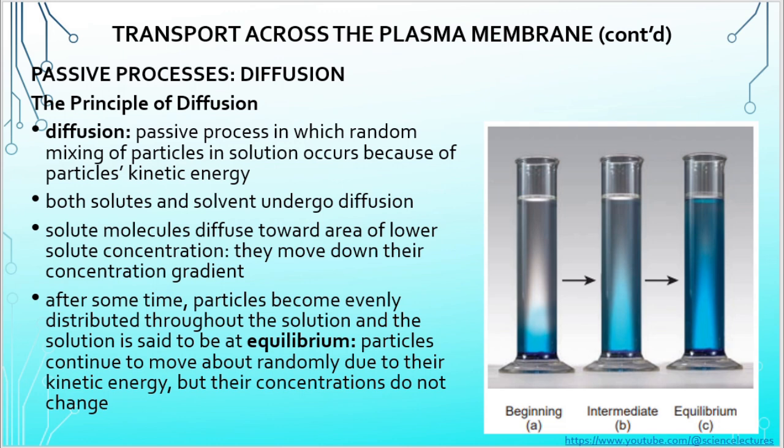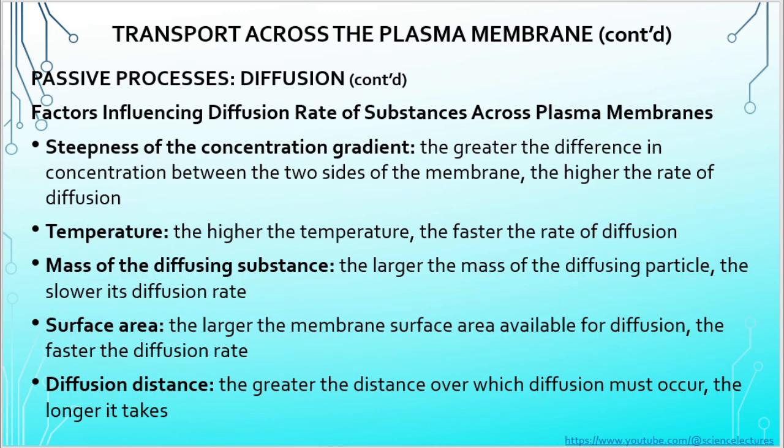However, several factors influence the diffusion rate of substances across membranes. One such factor is the steepness of the concentration gradient. The greater the difference in concentration between the two sides of the membrane, the higher the rate of diffusion.